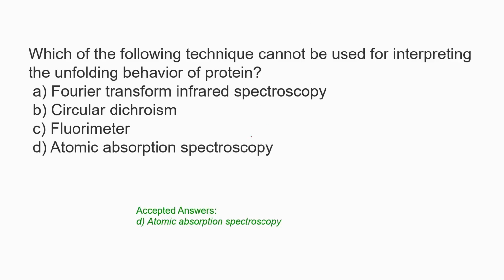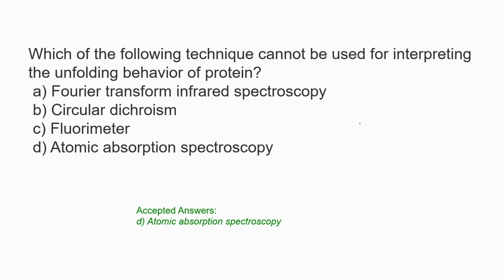All the other options, such as Fourier transform infrared spectroscopy. So FTIR detects the absorption by different bonds in the protein, and so if there is a change in these bondings, then FTIR will be able to detect that.